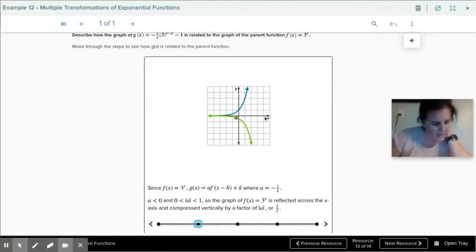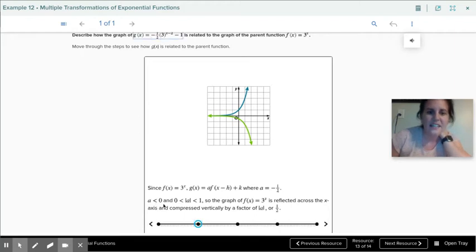So what's going to happen that's going to make it flip across the x-axis? Says since f of x equals 3 raised to the x, g of x is equal to a times f of x minus h plus k, where a equals a negative 1/2, given to us up here in this equation.